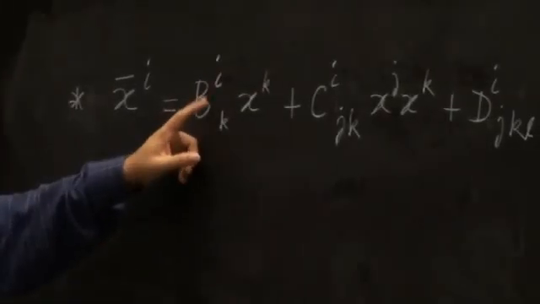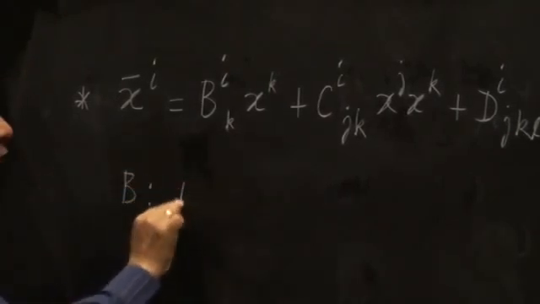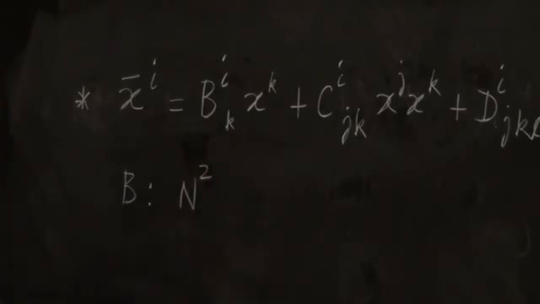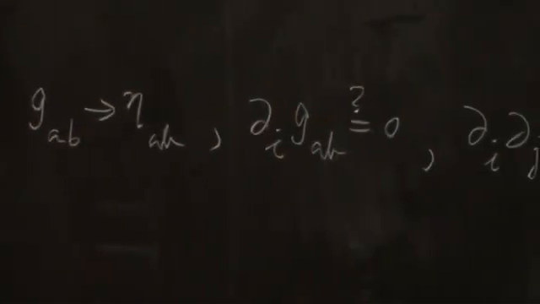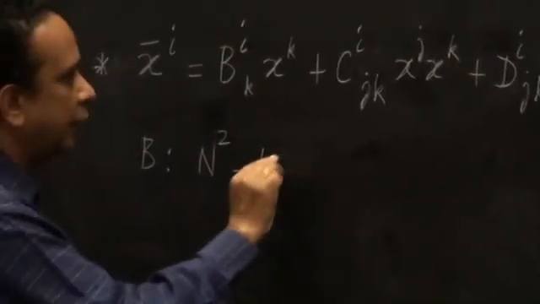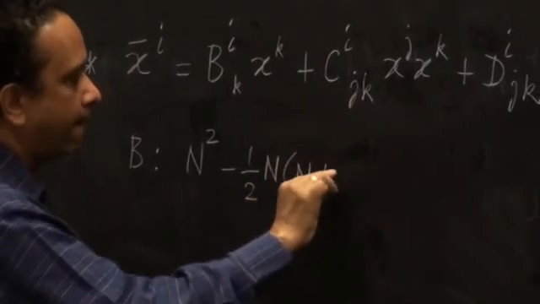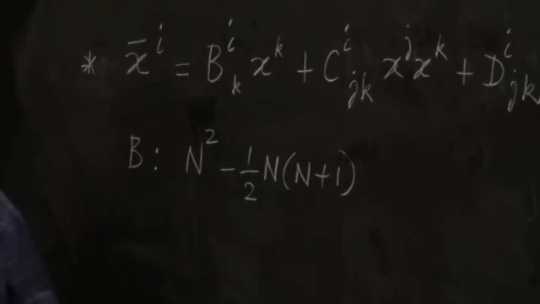Here i and j can go n values each. So in B, I have a total of n squared coefficients at my disposal, where n is the dimension of the space-time. And I have to set g_AB equal to this. So this is a symmetric tensor, so it has half of n into n plus 1 components in n dimensions.